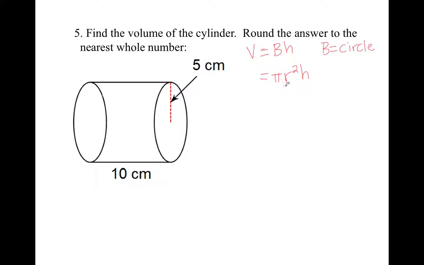Because this represents the big B part, which is a circle, and then the h is just brought down. So when I look at this and plug things in, if I were to stand this upright, notice that my 5 would still be representing my radius and my 10 would still be representing the height.